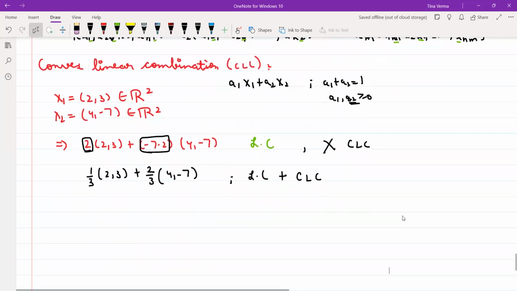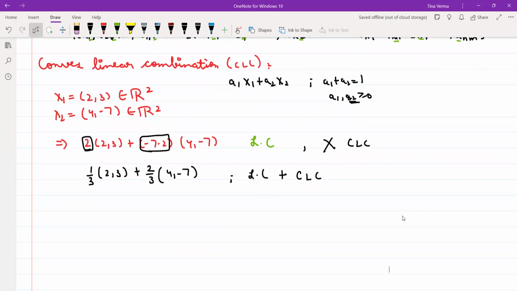When you are talking about convex linear combination, it is the linear combination where your ai's take particular values: the sum of the values should be 1 and all the values should be greater than or equal to 0. Then you say that is your convex linear combination.